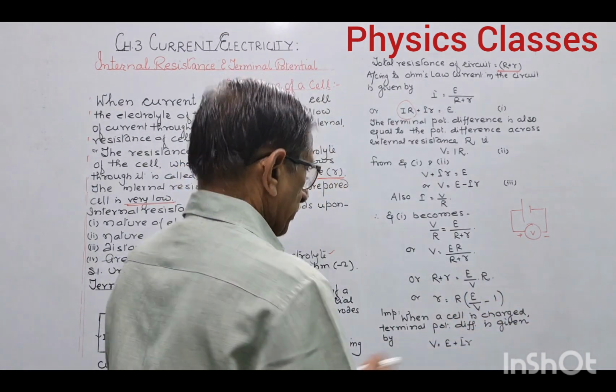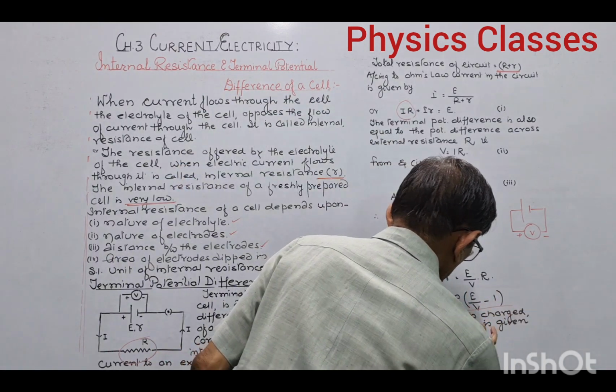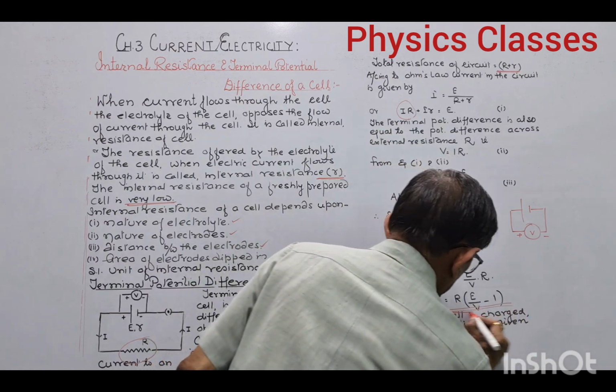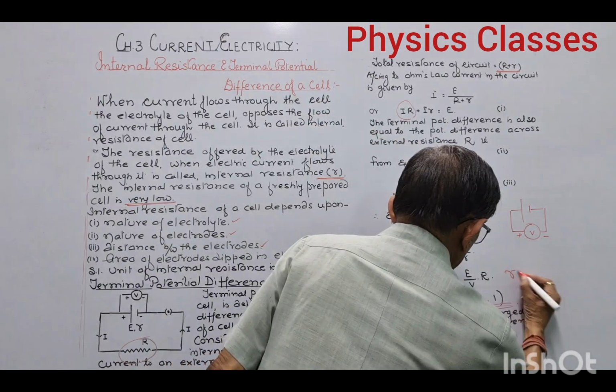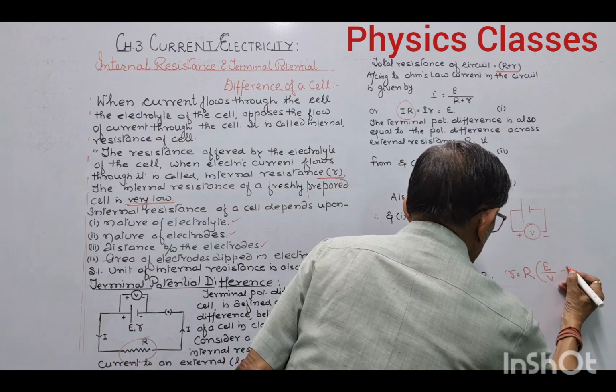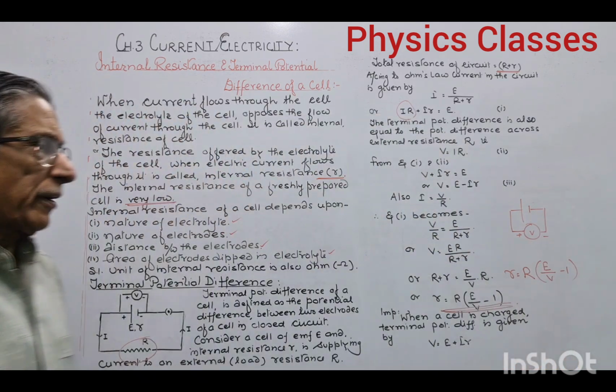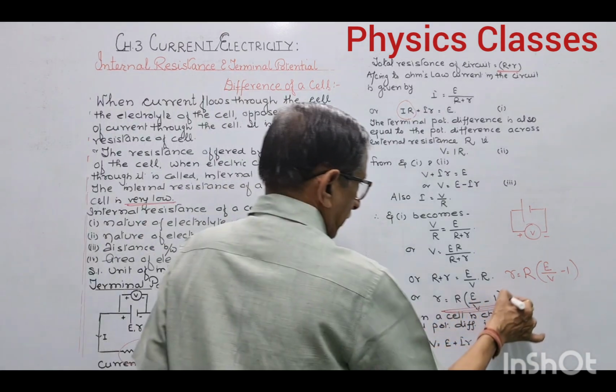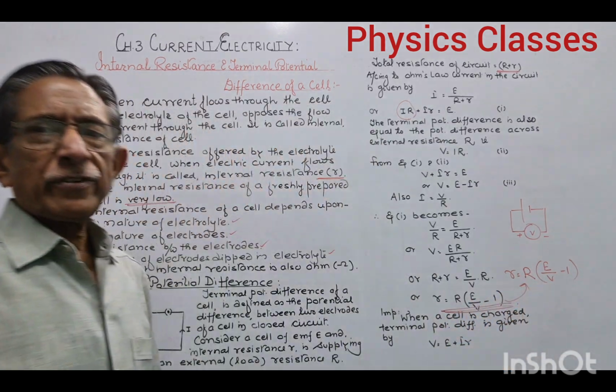So dear students, this is the formula for internal resistance. That is the expression for internal resistance of a cell.